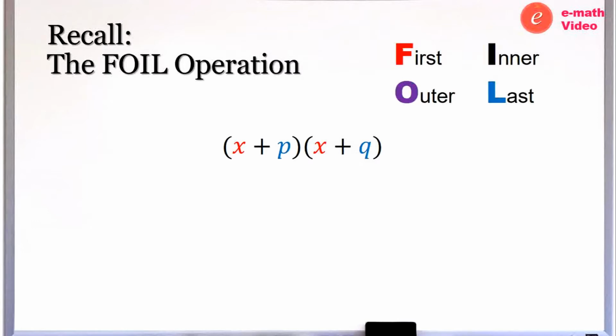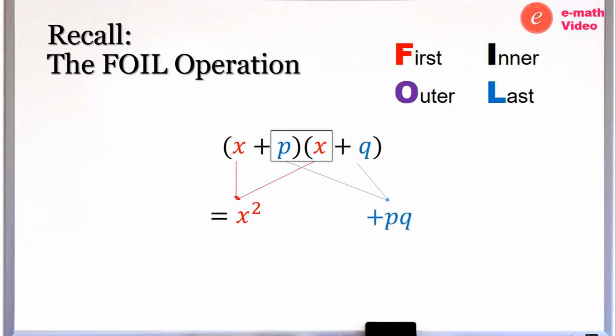What does that mean? When expanding a binomial double bracket, first we multiply the first term in each bracket together. In this case, it's x times x, which is x squared. Then we multiply the last terms in each bracket. p times q is positive pq.